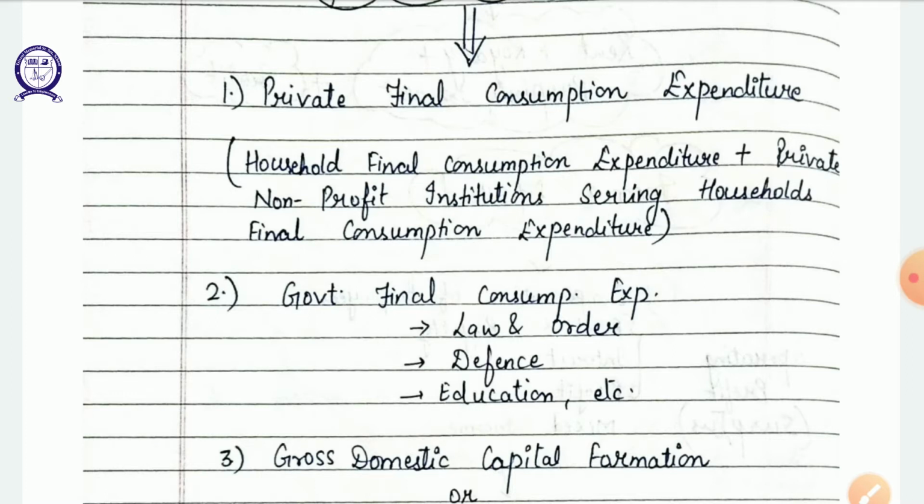These are included in government final consumption expenditure. If government has purchased goods and services in the domestic market, or from the foreign market also for embassies, that will also be included.